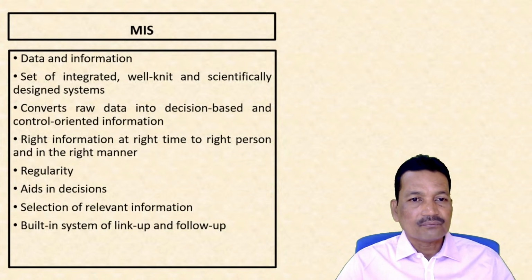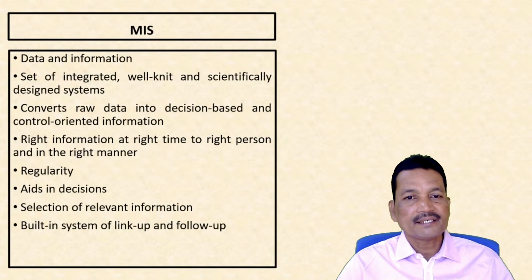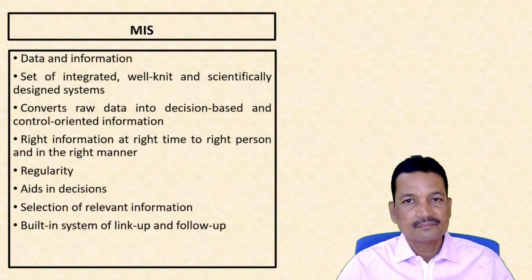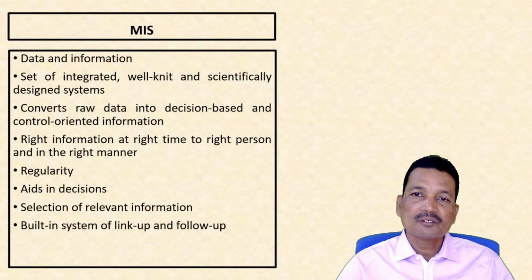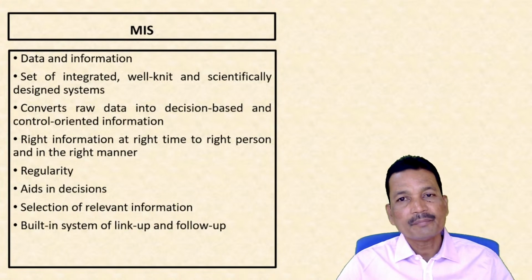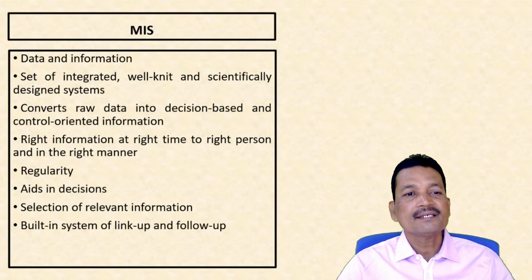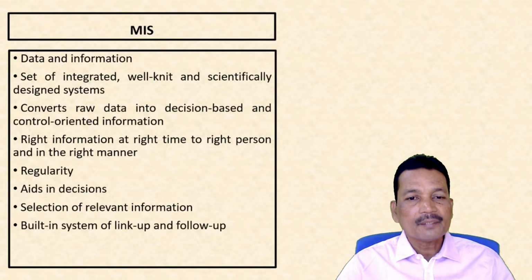It is a set of integrated, well knit, and scientifically designed systems. Now, this data and information will always be flowing from the customer side or the output side to the top management, and again it will be coming back to the lower level also.